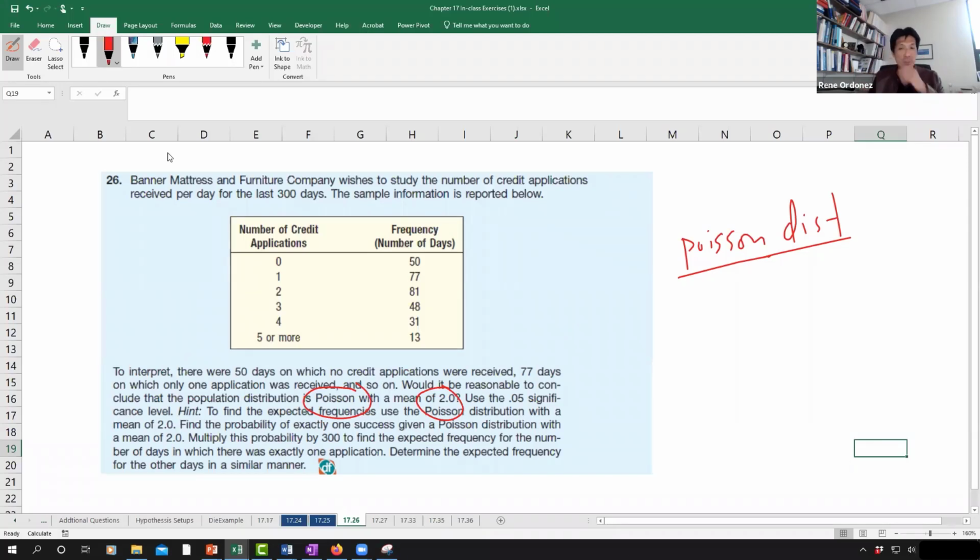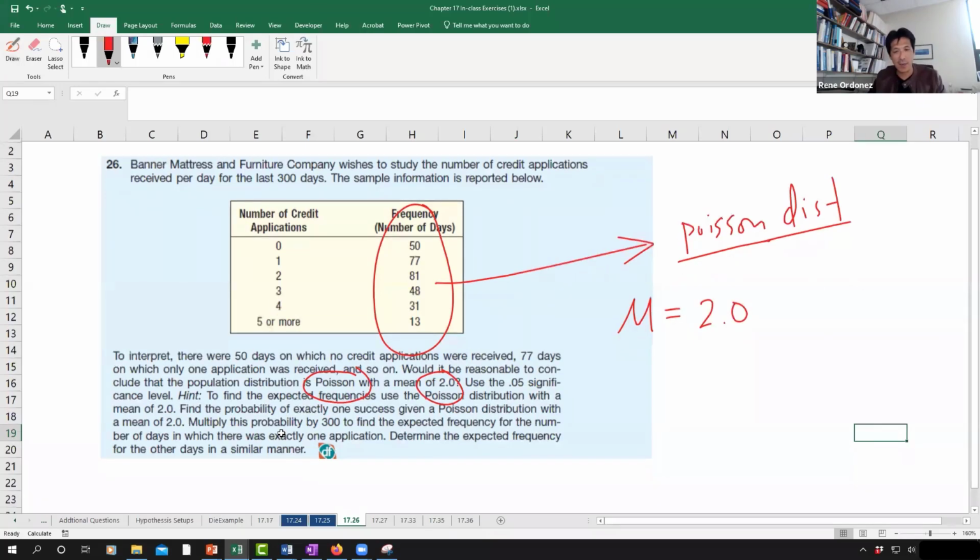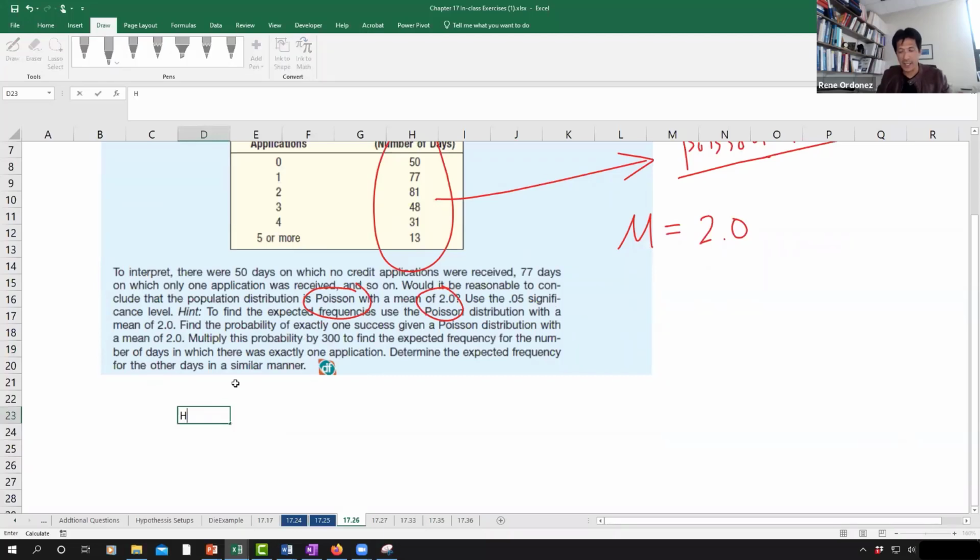So in this case, we're talking about the number of applications received in each day. So we are asked to see if this distribution follows that type of distribution with a mean of 2.0. Okay? So we will state the null hypothesis this way.